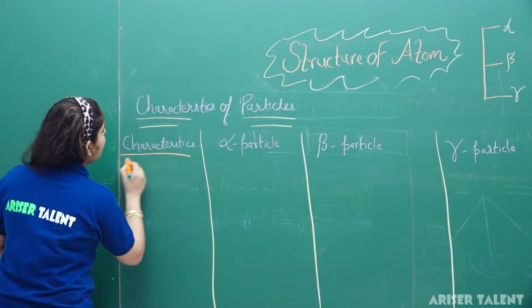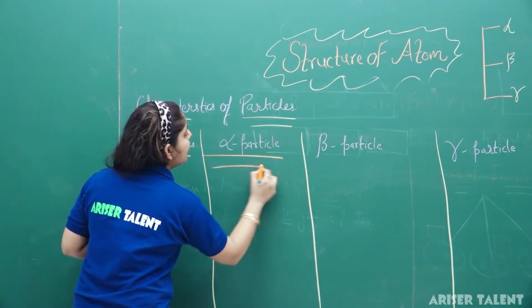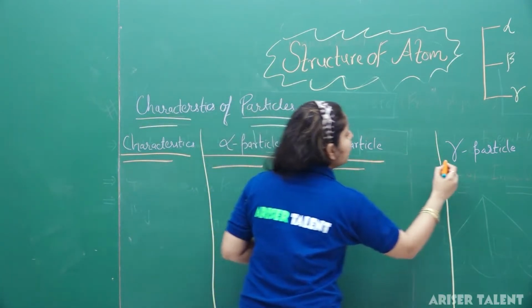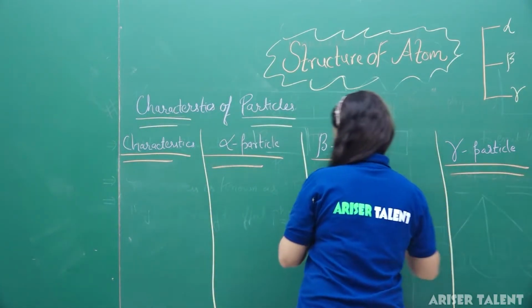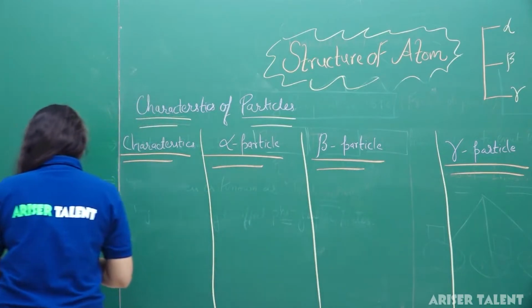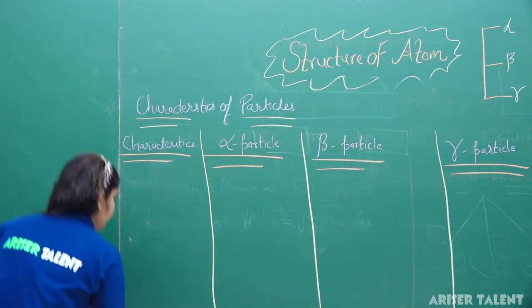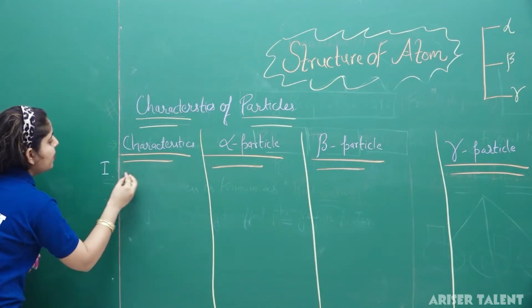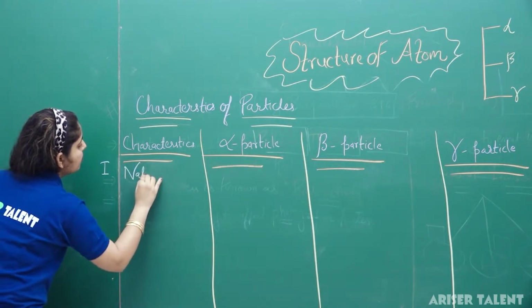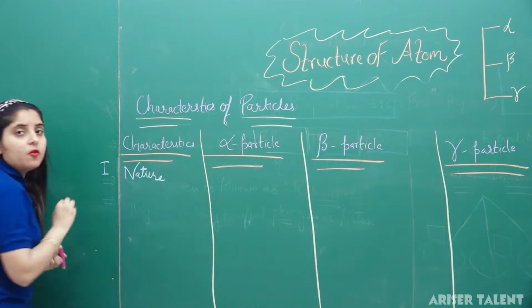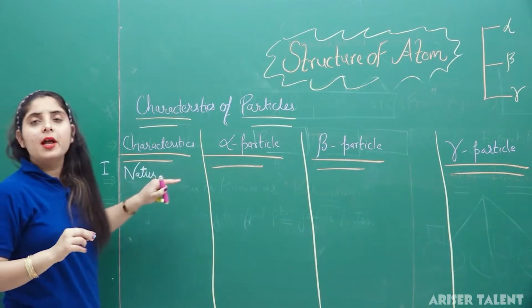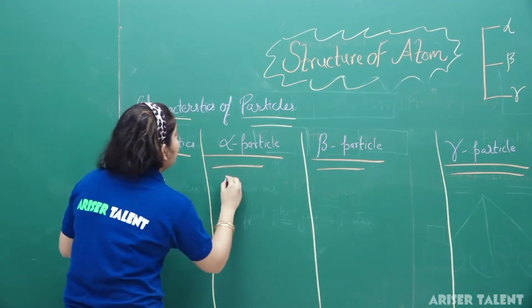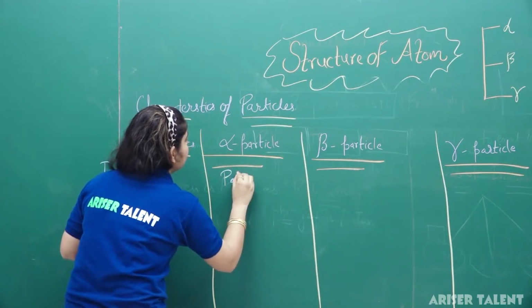In the category of characteristics of the alpha, beta and gamma particle, firstly we have the nature of particle. If I talk about alpha particles, they are positively charged.